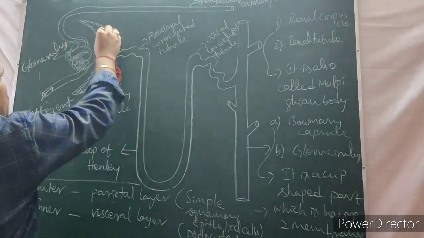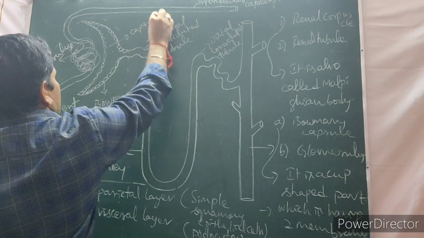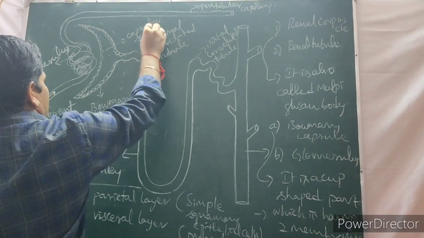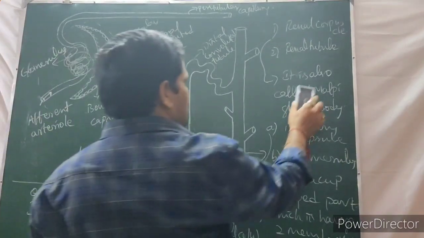In between that, an empty space is there, which is called the capsular space. In between these two layers, the capsular space is present.